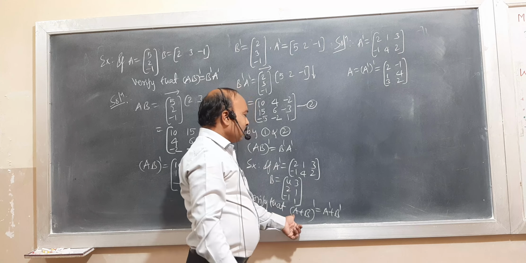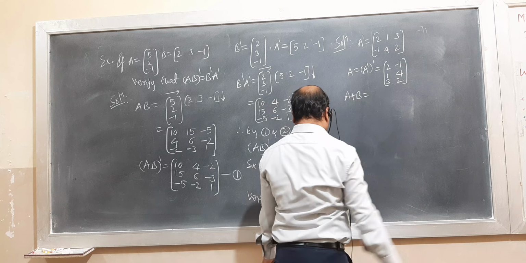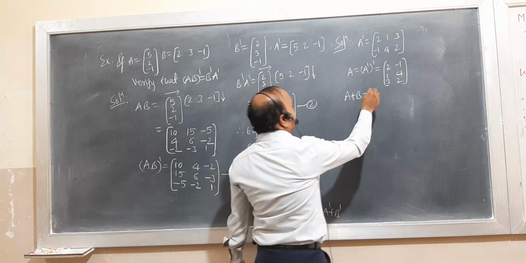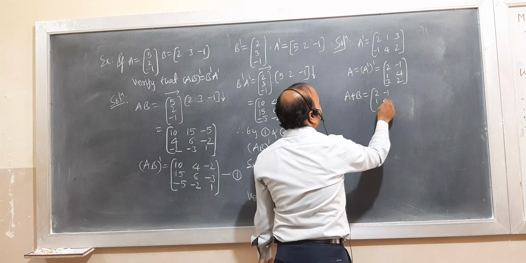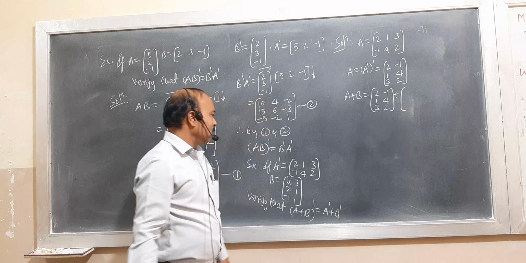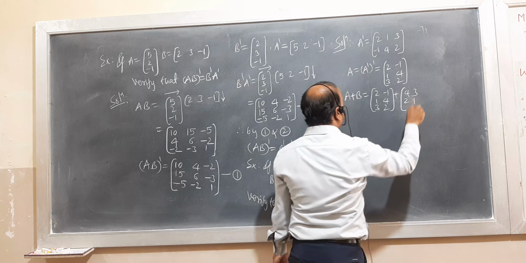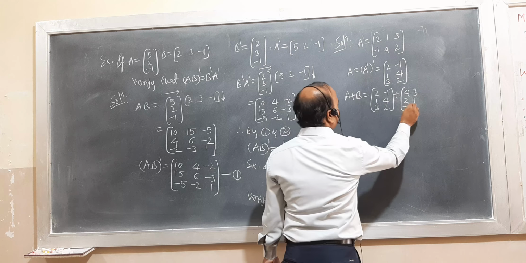Now you calculate matrix A plus B. A plus B equals 2, minus 1, 1, 4, 3, 2 plus the B matrix 4, 3, 2, 1, minus 1, 1.